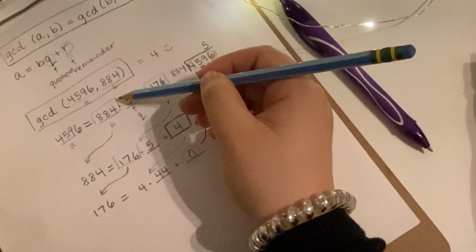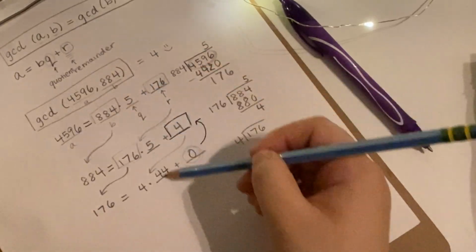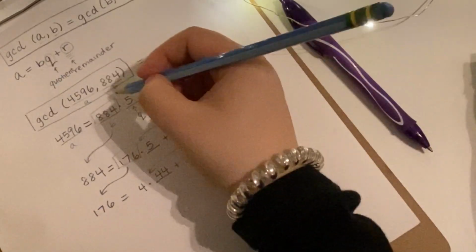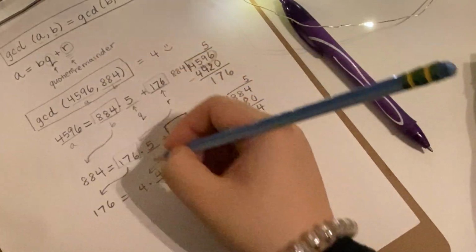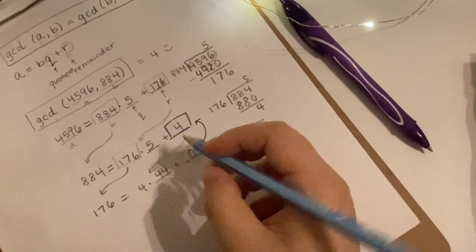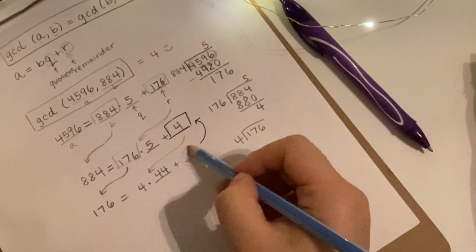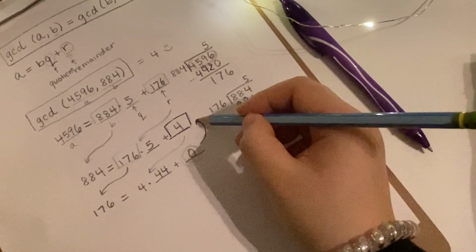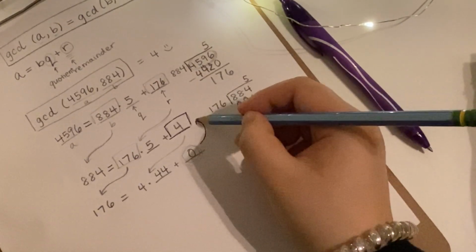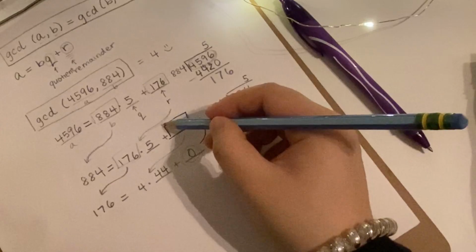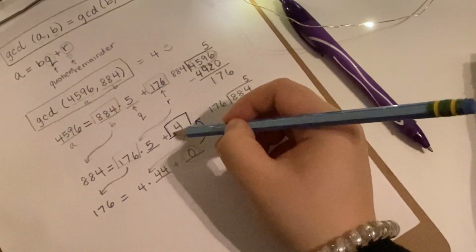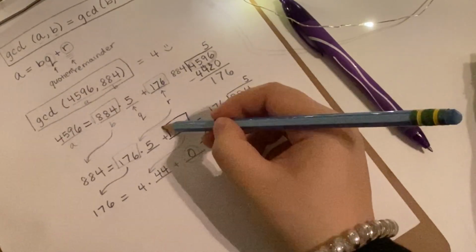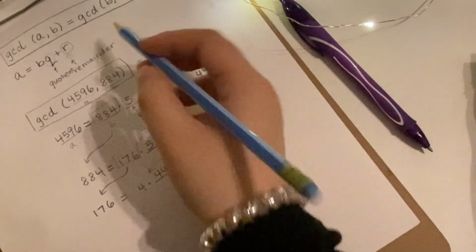And this might take only a couple steps, or it might be very, very long, but you can imagine the computer running this very quickly. Once you get a remainder of 0, you look at this step before it, and your GCD is the last R. So in this case, 4.